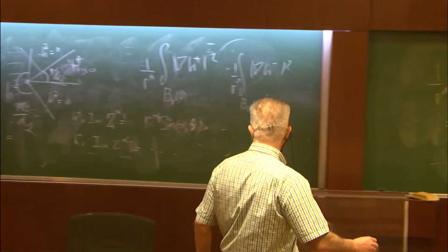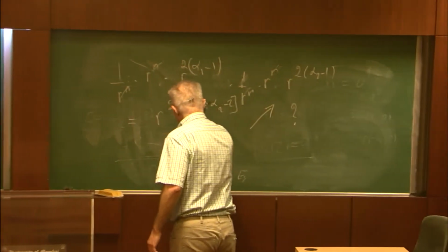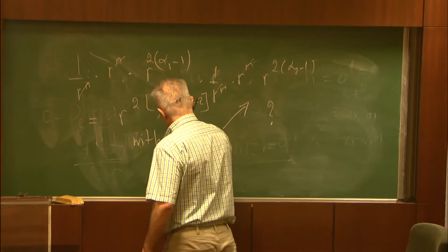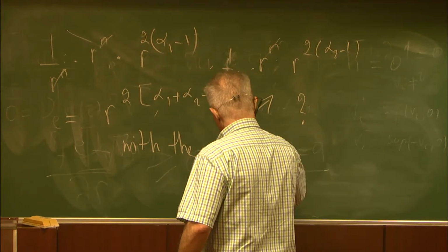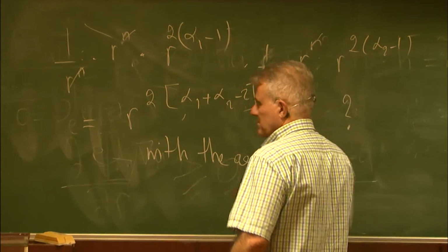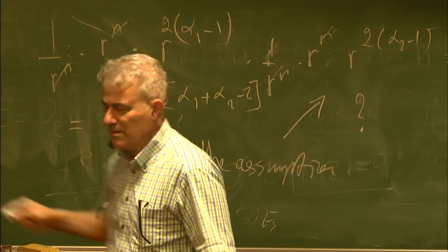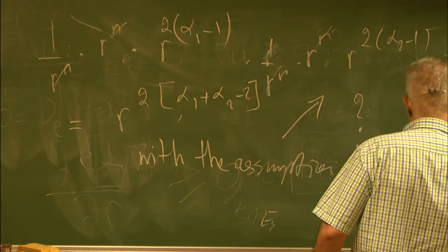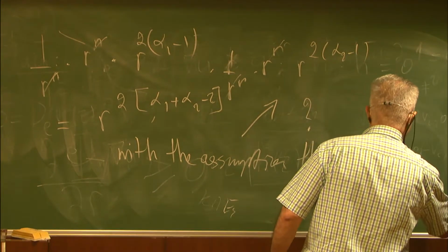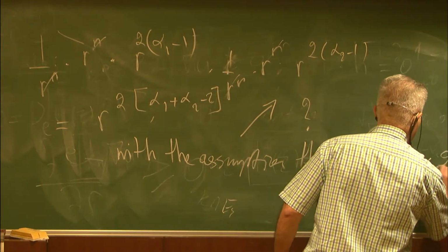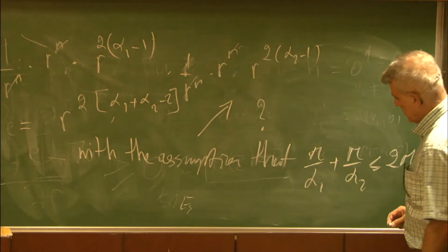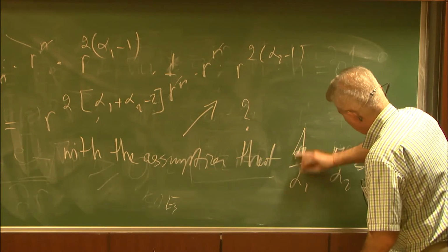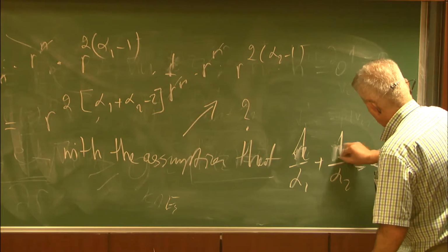So pi over alpha 1, with the assumption, I'm saying assumption because it is a forced assumption, with the assumption that pi over alpha 1 plus pi over alpha 2 is less than or equal to pi. So 1, I can take this out, this is 1, and this is 2.